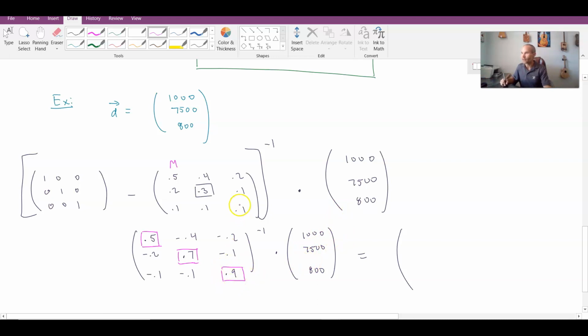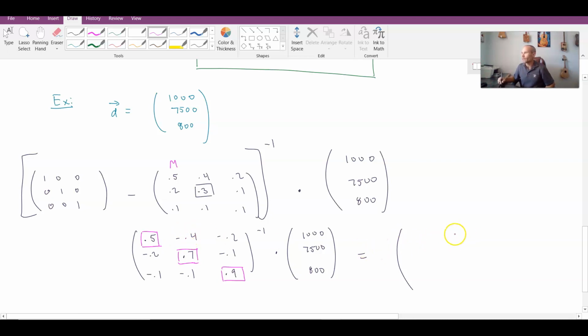And then same thing here, services is the lightest in terms of using its own product. So it has essentially 0.9 of its unit to share with the other industries as well as the final demand. Now these negatives, you can almost think about these as how much is going to be used or consumed.